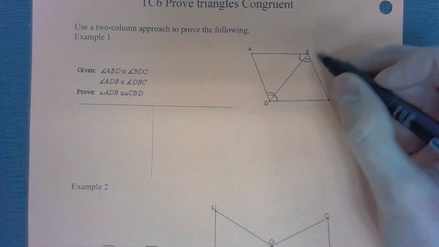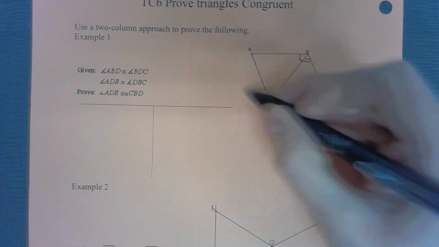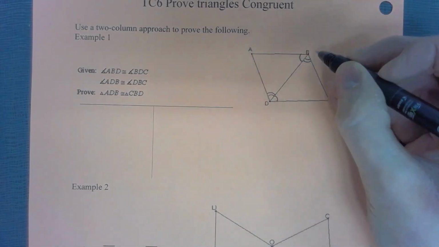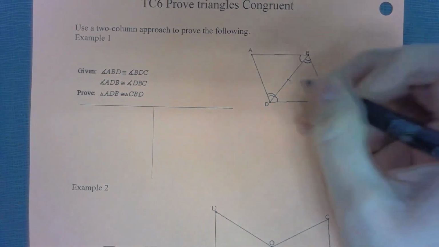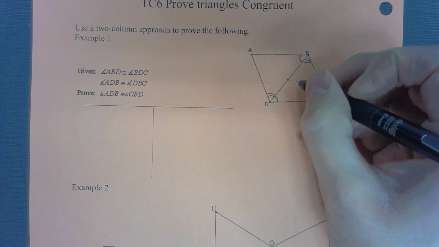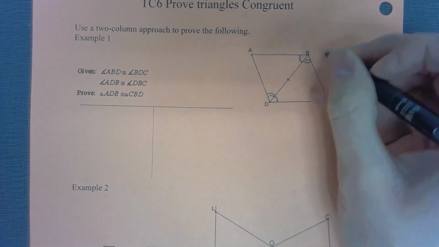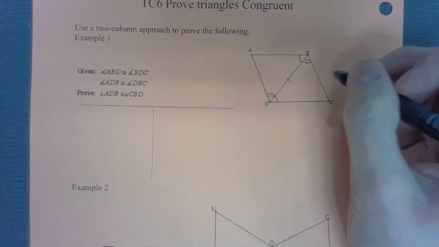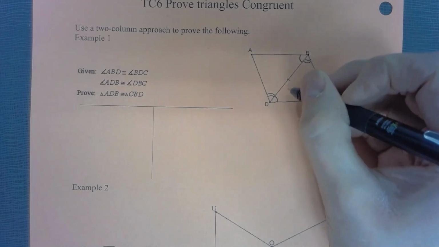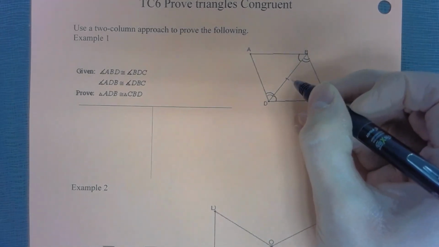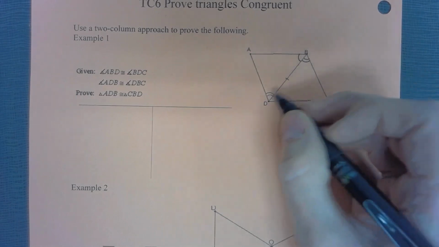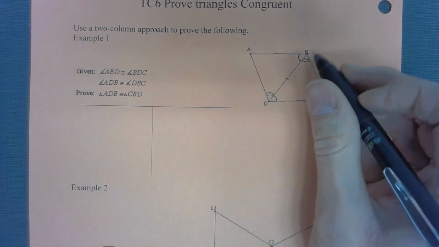In fact, BD on this triangle is the same as DB on this triangle. They share that side. And the property that says something is congruent to itself is the reflexive property. So that's going to be our plan: start with what we're given, state that these sides are congruent using the reflexive property, and then we'll have enough to say that the triangles are congruent using ASA.